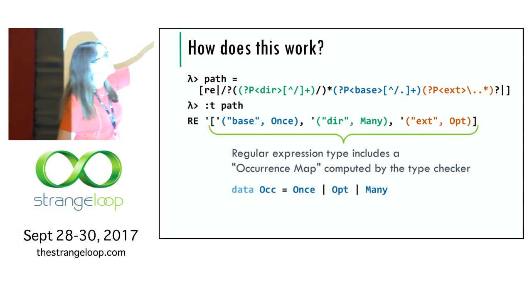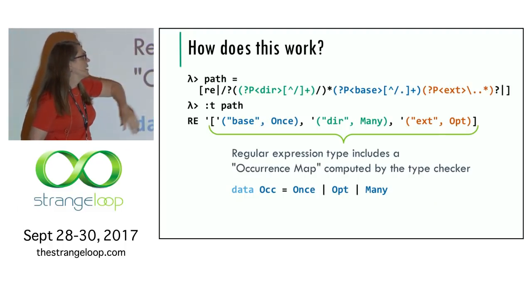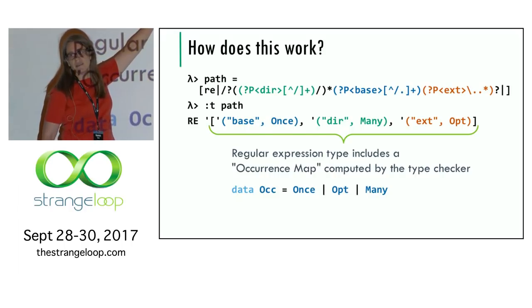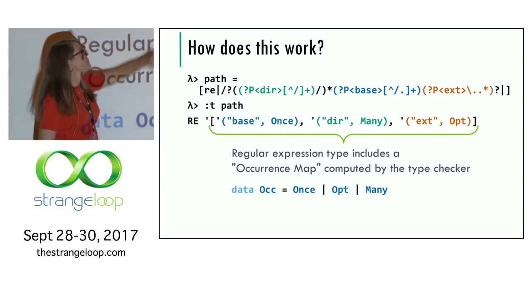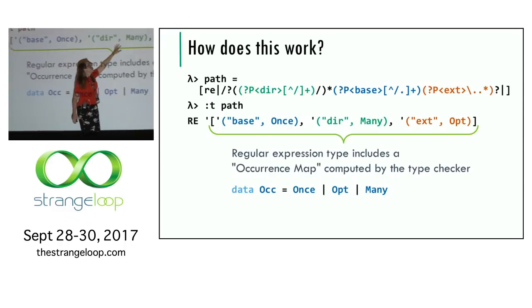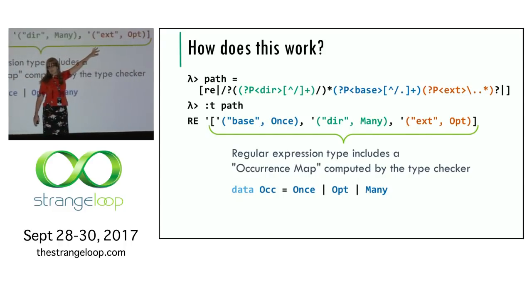This is just a list of mappings from the capture group name to something called an occurrence. It tells me how often that group could get captured by that regular expression. Maybe the base name only gets captured once, maybe we might capture it many times, like the directories, and maybe we may or may not capture it.